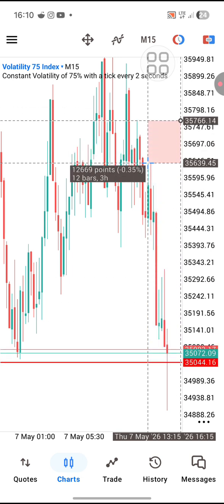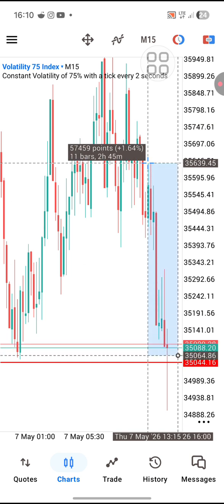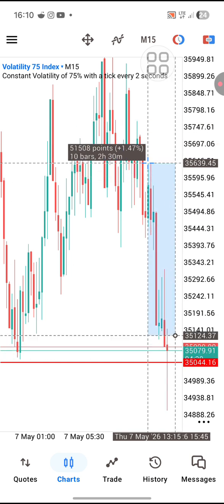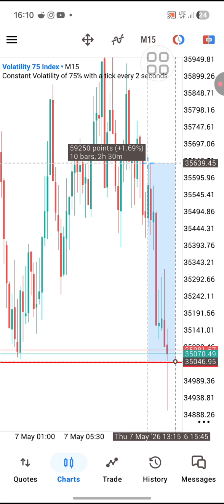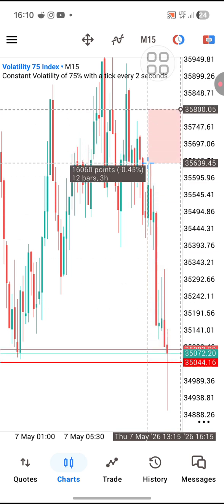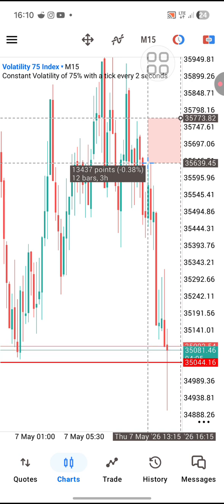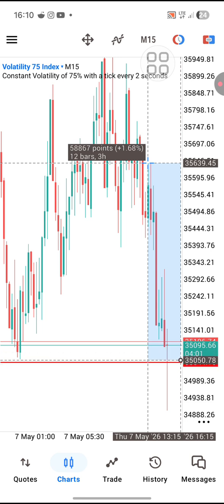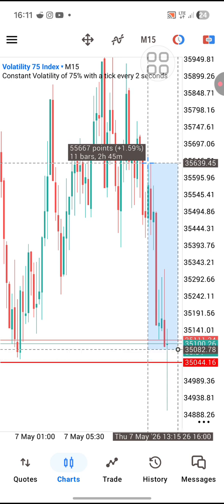If you are risking this to gain this, so you are risking 130 pips to gain how much? 350. So you are risking 0.38% to gain how much? 350. So that is how risk reward is.